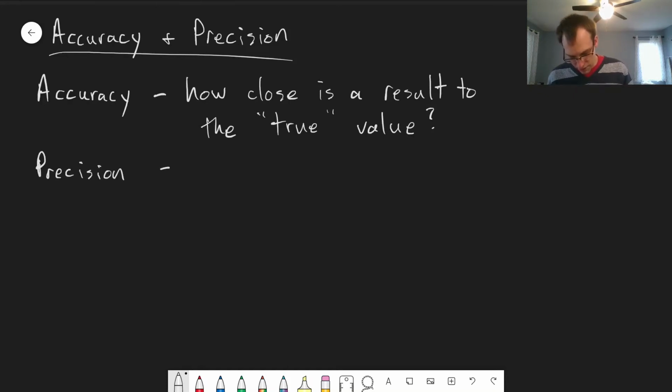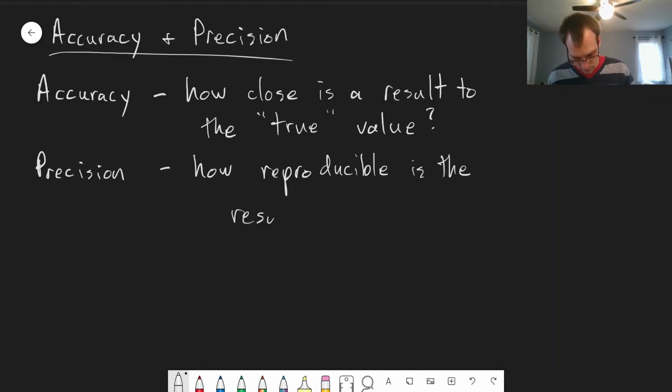Precision is different. Precision is how reproducible is the result. So if we do this measurement 10 times, will we get the exact same value every time, or is there some scatter due to error in the results that we get?